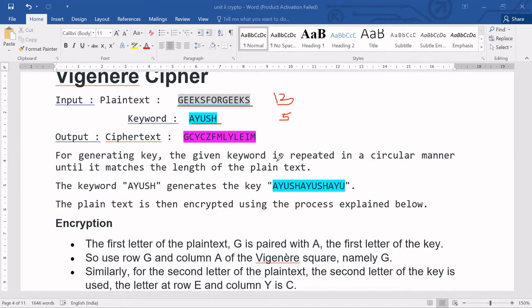The basic rule is, you have to repeat the keyword in a circular manner until it matches all the characters of the plain text. That is, Ayush, 5 letters, again Ayush is repeated, then Ayu, so 13 key letters should be available for the plain text geeks for geeks.